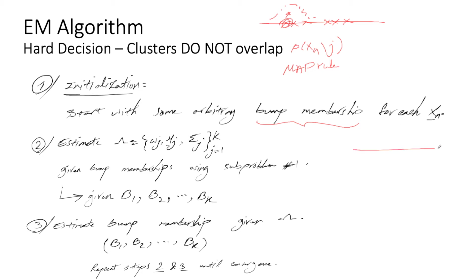So it's as if you start, you have 3 and 2 here. So you start with an arbitrary one, and then you estimate the omega here, and then you come up with a new bump membership given the new omega. So you have these 3 and 2, so these are fitting better now.